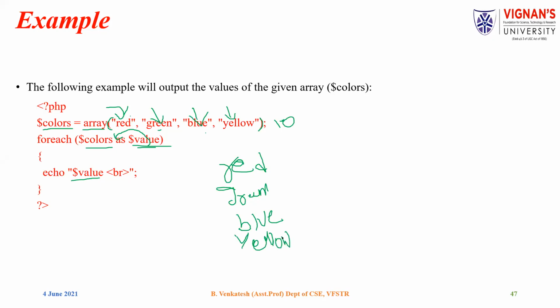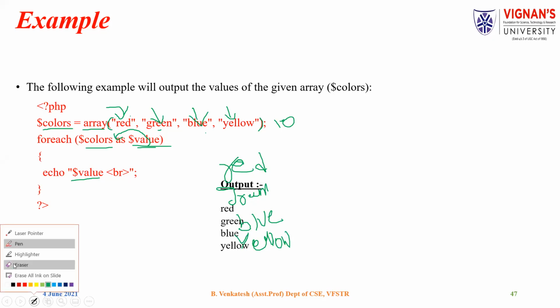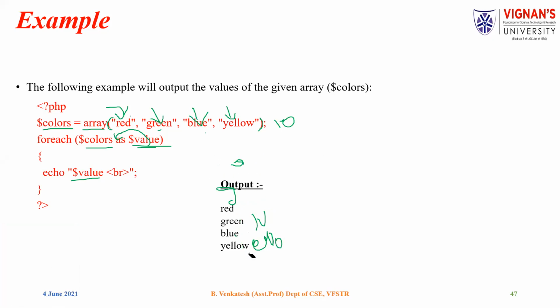That is the output it is going to give, okay. Observe that output: red, green, blue, yellow. It is going to check for each and every array element, okay. So when the array is finished, only then it stops executing. So that is about foreach.